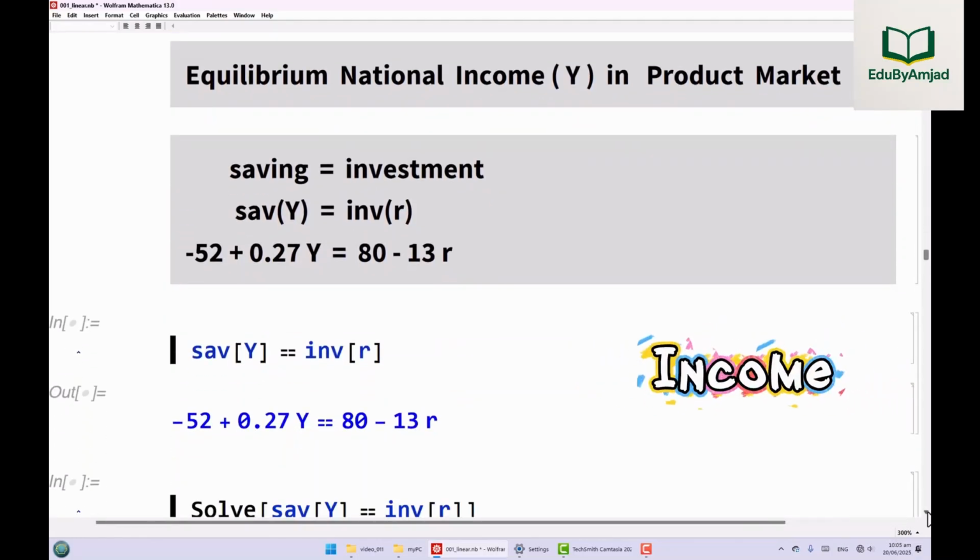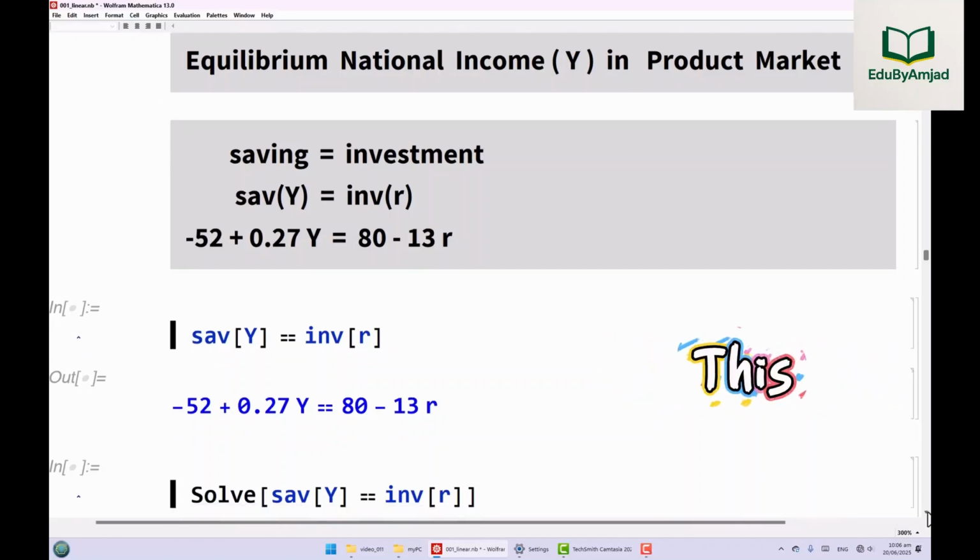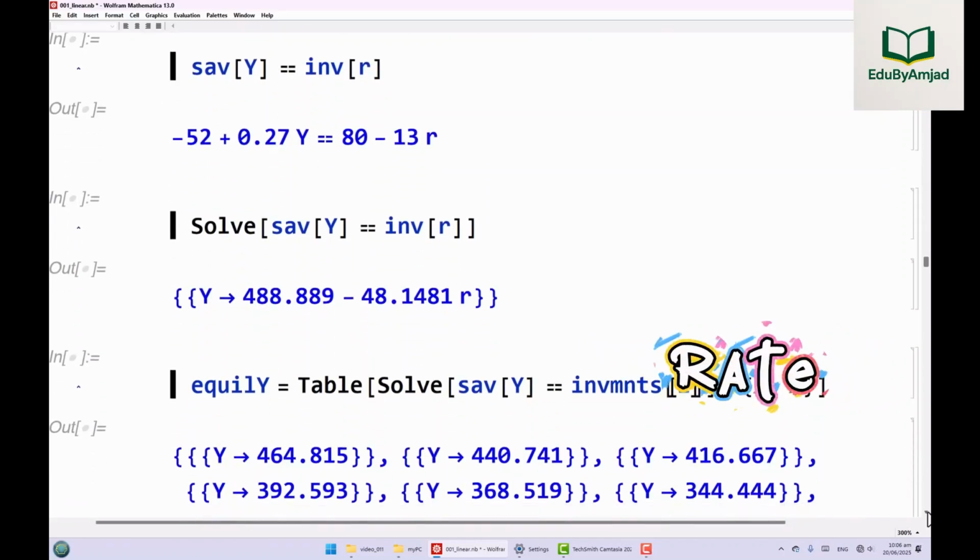Equilibrium national income Y in the product market is achieved when saving leakage from the economy is equal to investment injection. When we equate the saving function with the investment function, as shown here, we get 12 equations similar to this for 12 different interest rate levels.